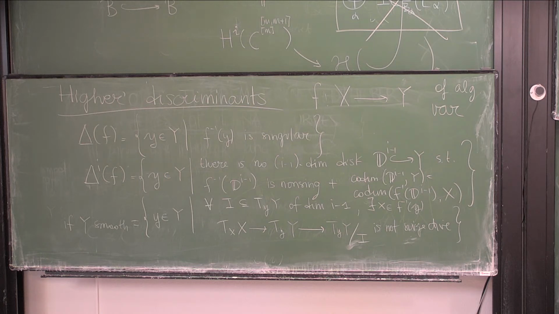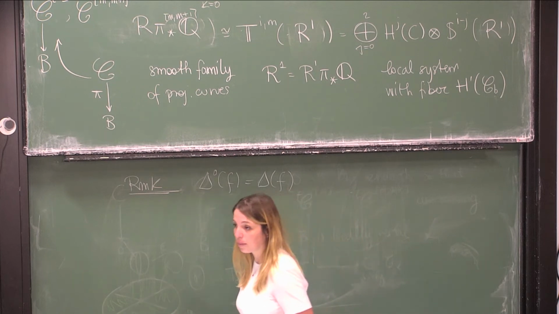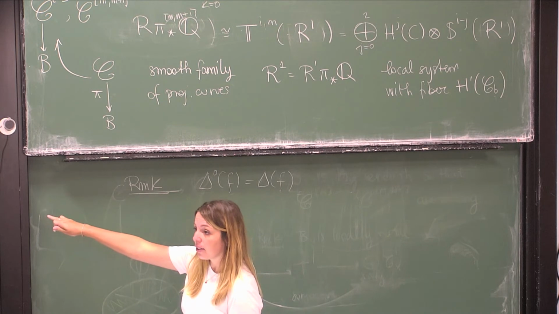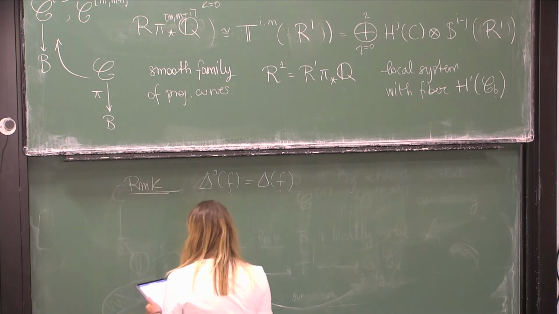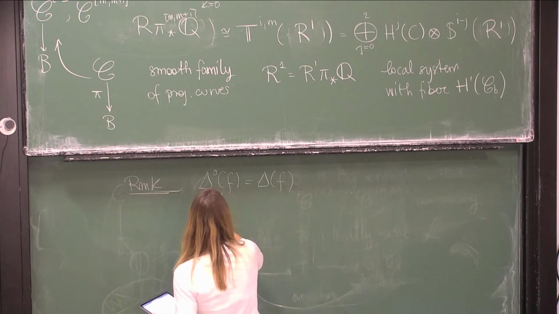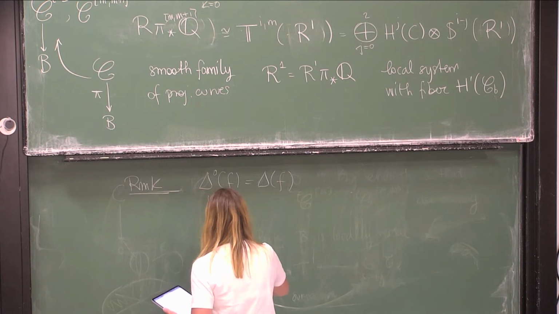The first thing to look at is that lambda 0 of f is nothing but the old discriminant. So the word higher discriminant makes sense. And moreover, we have a nesting of higher discriminants, which is obvious from the definition. So we have that lambda 0 will contain lambda 1 of f, which will contain lambda 2 of f, and so on.